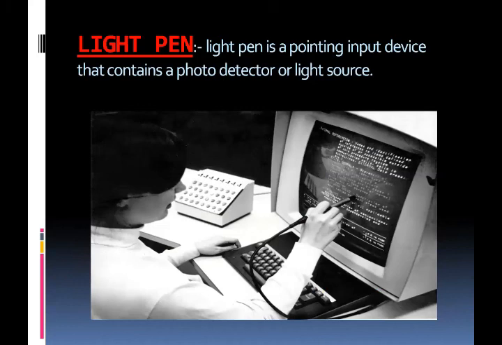It has a switch and a port that connects it to the computer, while some have the switch built into the top of the pen so that it is activated when the pen is pressed against the screen. A light pen is similar to the mouse, except that with the light pen you can move the pointer and select objects on the display screen by directly pointing at the object with the pen.